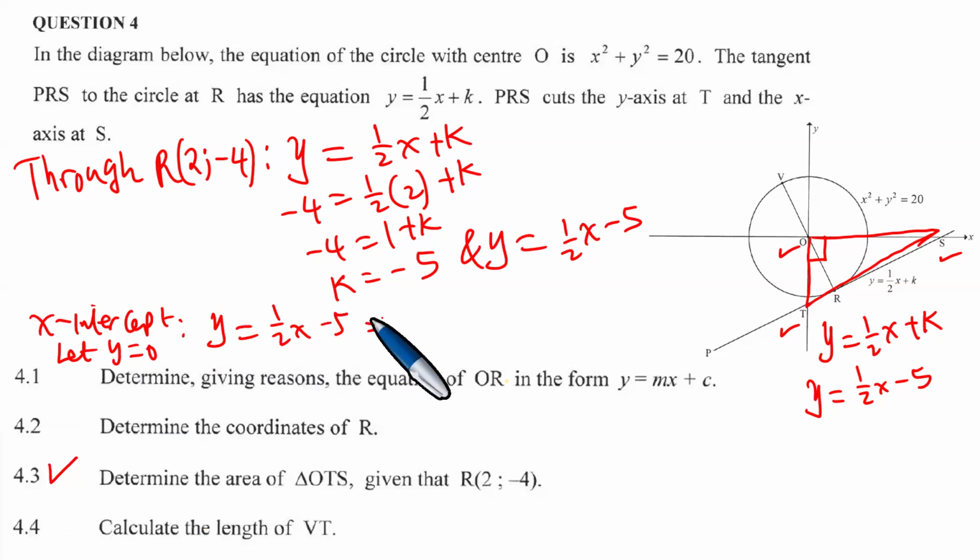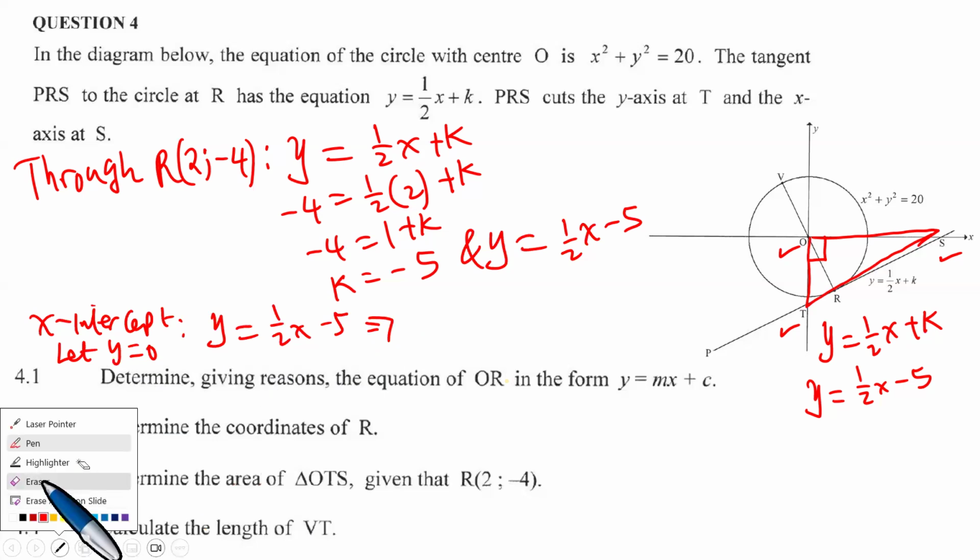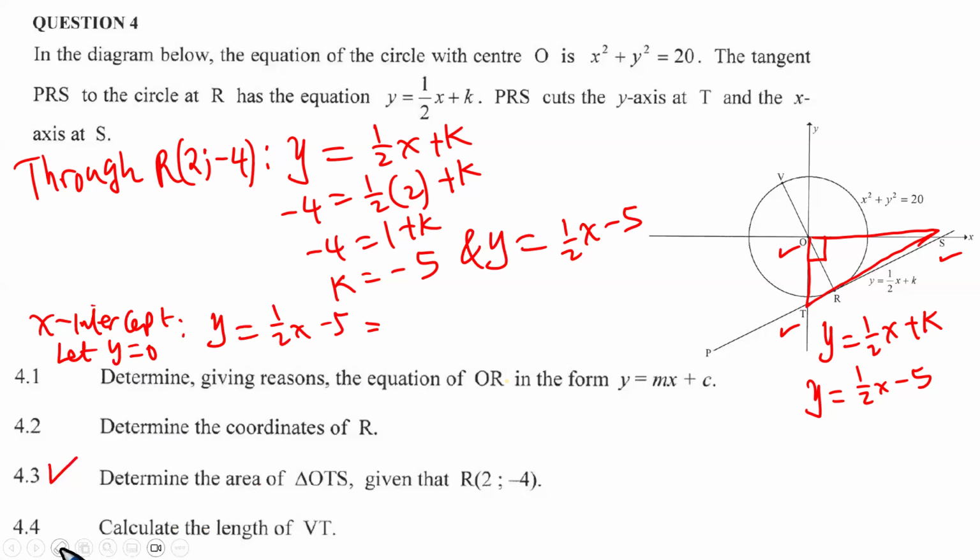Effectively y is 0 here. So if y is 0, then 0 is 1/2 x minus 5. This implies that you bring the minus 5 to the other side, so that we have 5 equals 1/2 x.